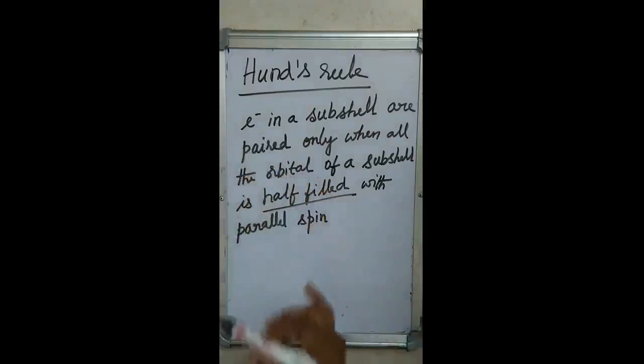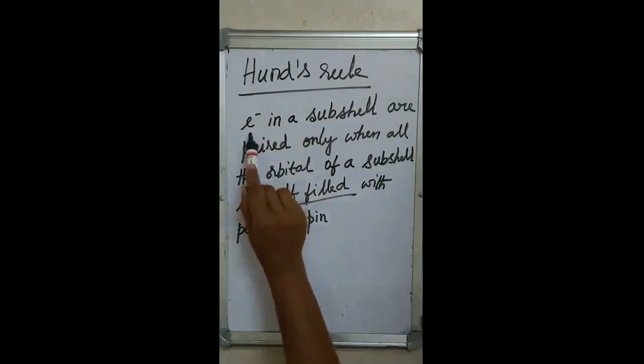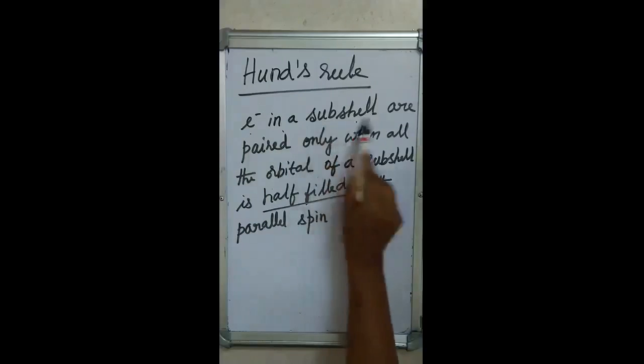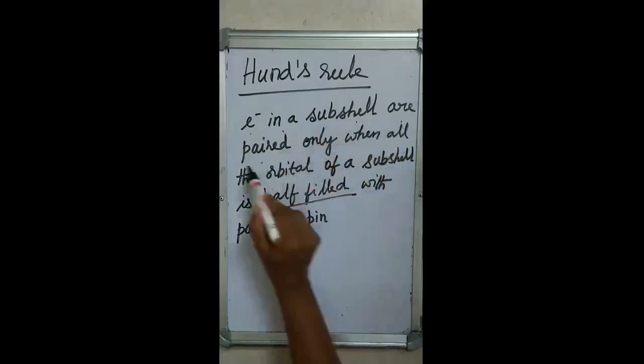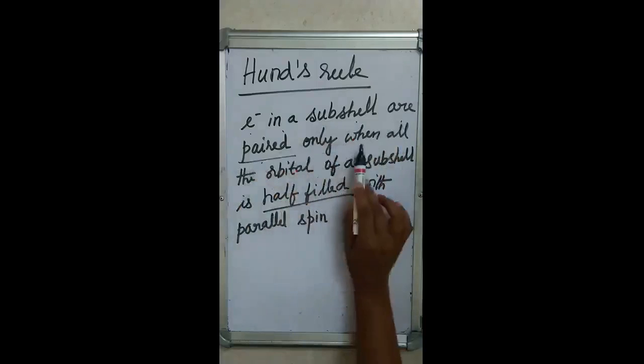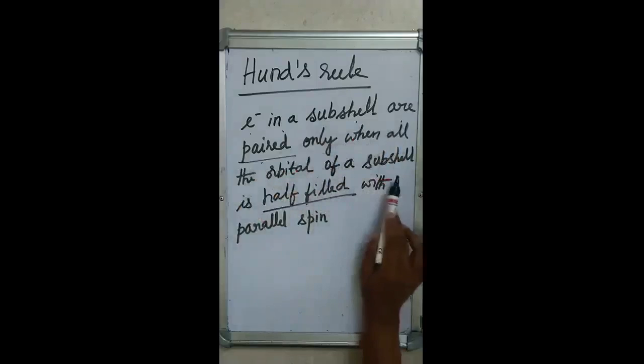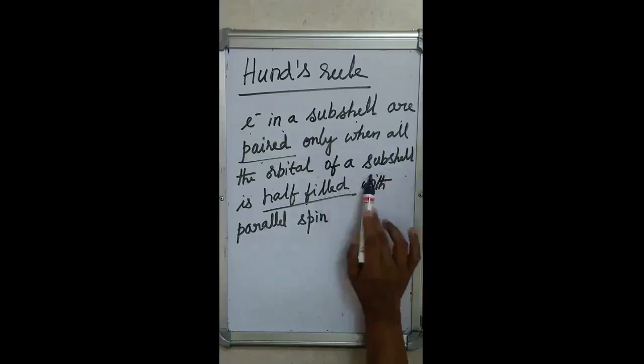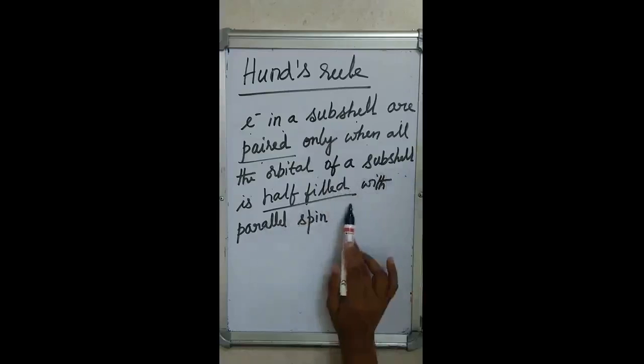It explains the electronic configuration, that means how electrons are filled in the orbitals. Electrons in a subshell are paired only when all the orbitals of a subshell are half filled with parallel spin.